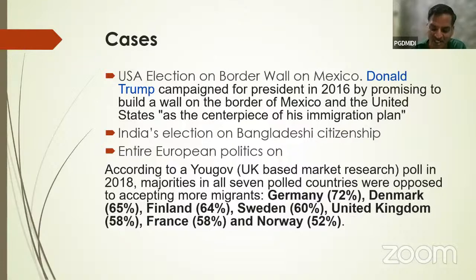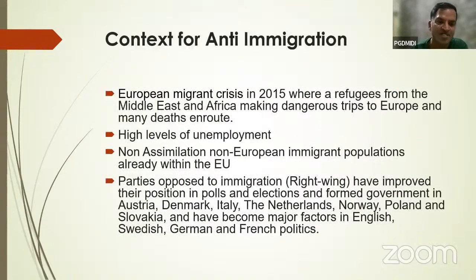You can see the statistics of how people don't like to accept many immigrants. Then there are also contests for anti-immigration, which majorly started with 9/11, the bombing of the Twin Towers in the USA. And then the European refugee crisis in 2015, with a large number of refugees from the Middle East and Africa making a dangerous trip to Europe, and many deaths en route.